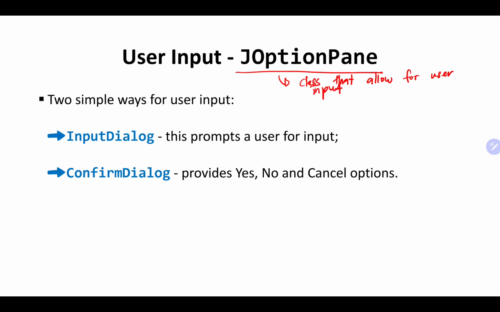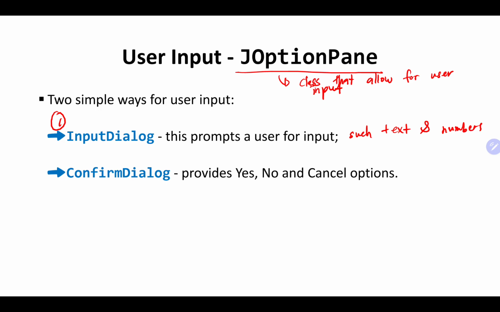It provides two simple ways for user input. The first one is the input dialog, where we prompt the user, that means we ask the user to give input such as text and numbers.